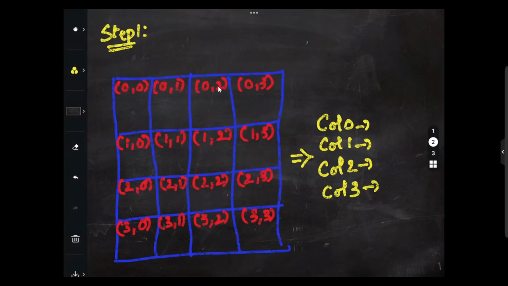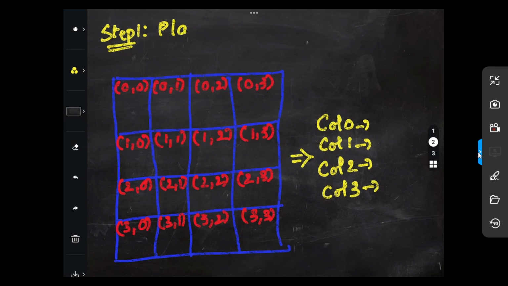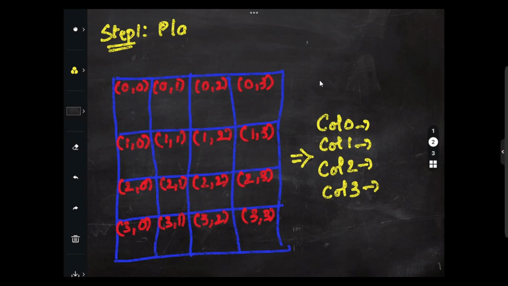We are placing the first queen at row 0. Let me write here, place first queen, at row 0.